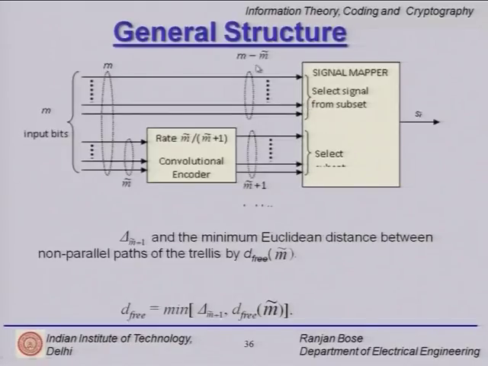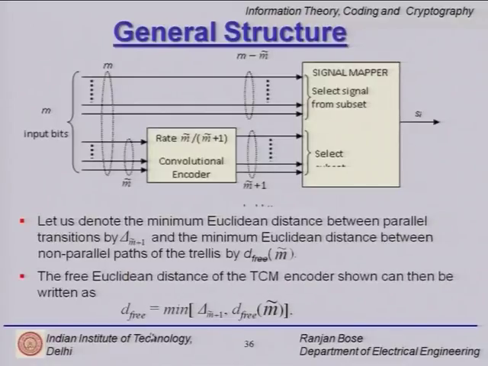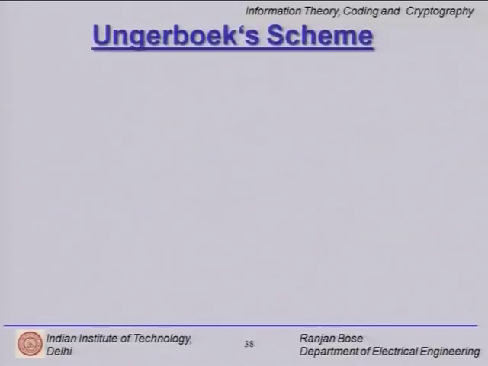The first m minus m tilde bits are used to select the signal within the subset, and the coded bits are used to select the subset. So, you have the subsets, and within the subsets you have signals. This is a strategy for how to choose the subset and then a particular signal from the subset, and this will give you a minimum D free in terms of the deltas. So, this is the general structure of how you can use a TCM encoder.